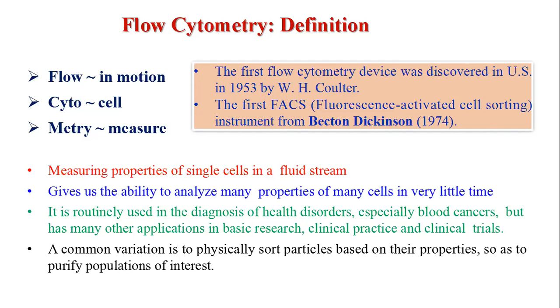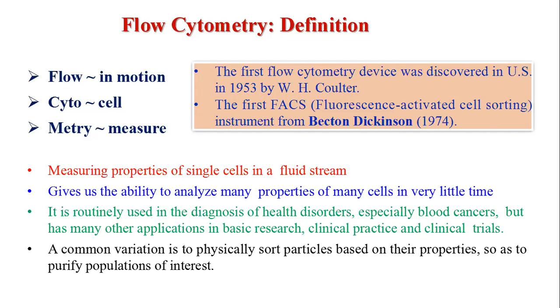It is in a frozen or fixed condition, so it may lose some of its properties during fixing or freezing. So here is the importance of this instrument for the application of cell biology and cancer biology.